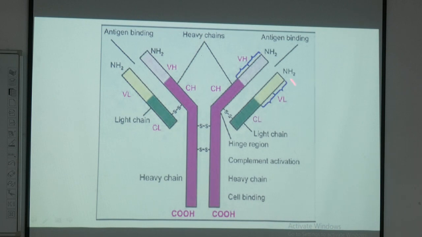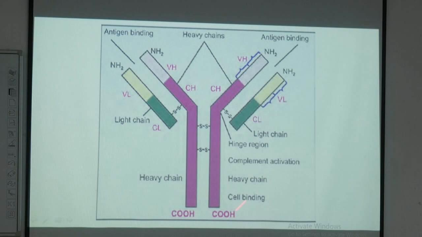So if this immunoglobulin is cut here and here, how many fragments will be produced? 3. Because this will be one fragment, this will be another fragment, and this will be another fragment.